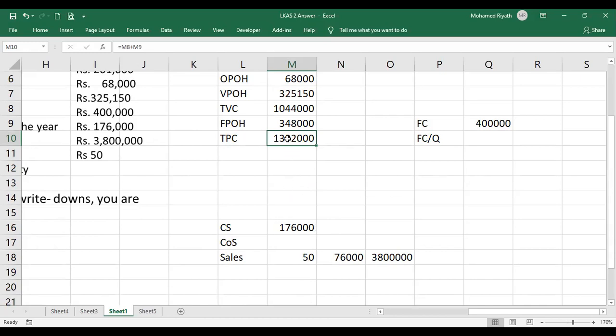Total production cost plus closing stock equals total cost for the period, isn't it?